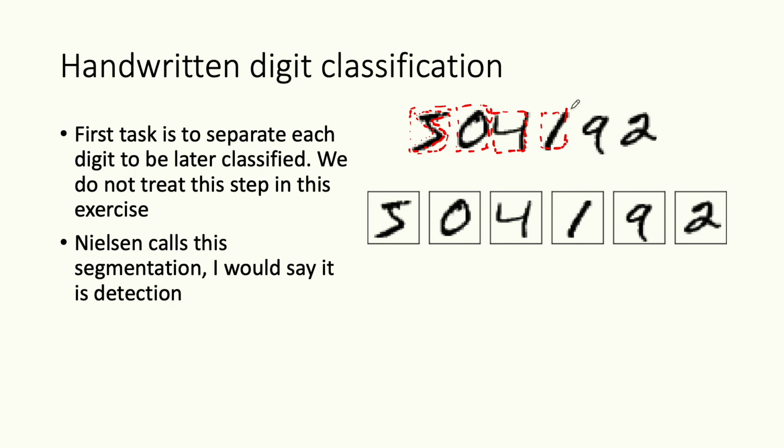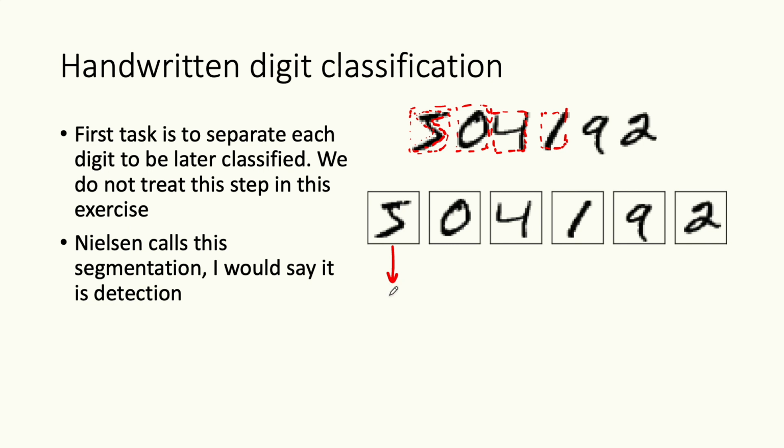In the MNIST data set, this object detection has already been done for you, and all you get is a box. In fact, every digit is a box 32 by 32 pixels. And your task is to then classify. Classification is when you take an object and put it into a certain category, right?